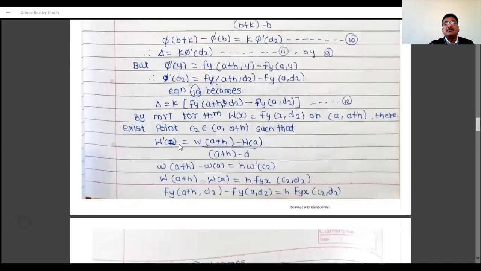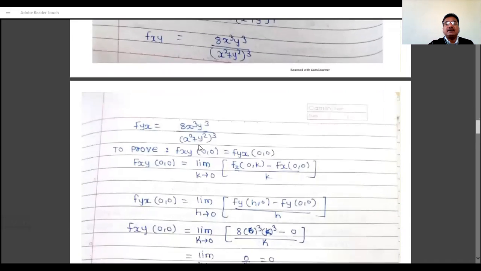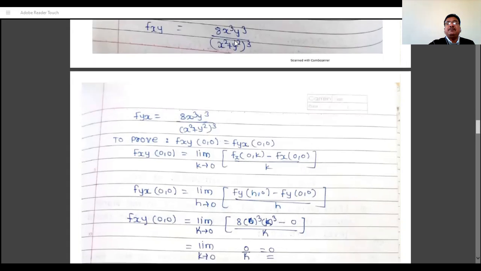Here, what is the problem? Show that fxy(0,0) and fyx(0,0) both are the same, but both are discontinuous, meaning fxy and fyx. This is fxy. Now we have to show this function is not continuous at (0,0). That is, show that the limit along different paths is different, or find a path such that the limit depends on the path.